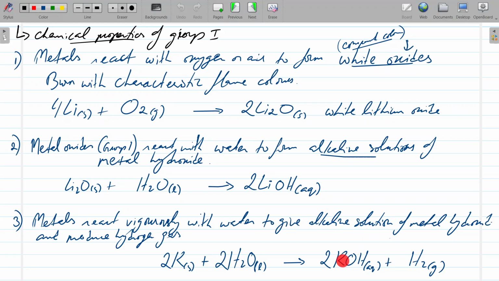So you're getting the metal hydroxide, but the reaction is slightly different. If the metal is reacting directly with water, then you will get an alkaline solution of metal hydroxide, and hydrogen gas is also produced. So you've got potassium reacting with water to form potassium hydroxide and hydrogen gas.